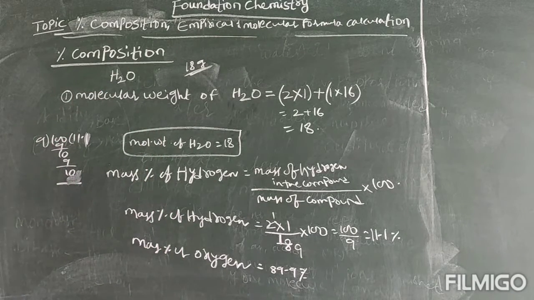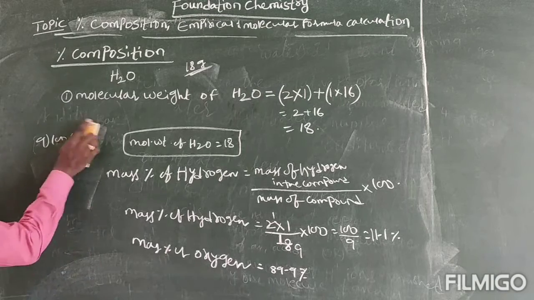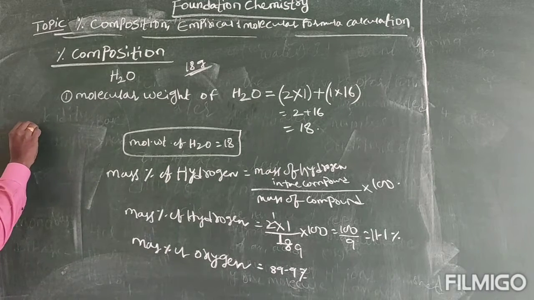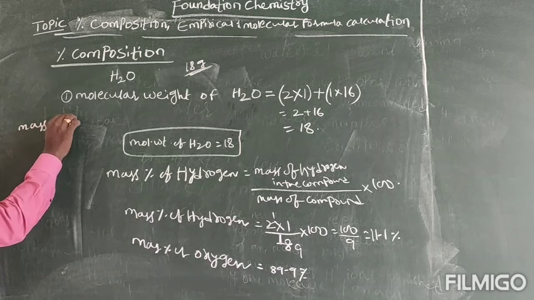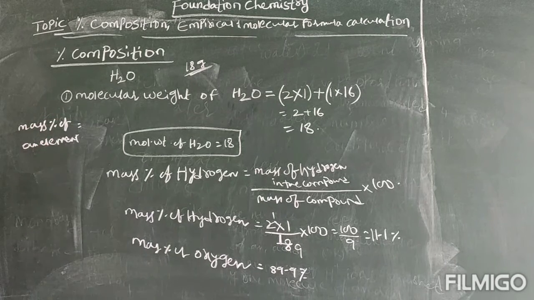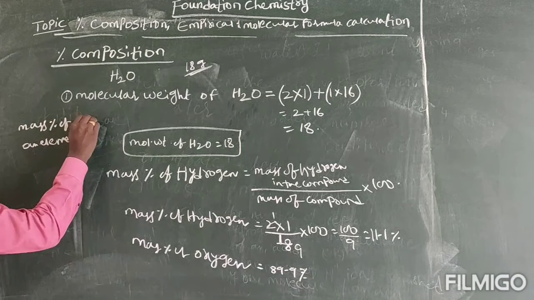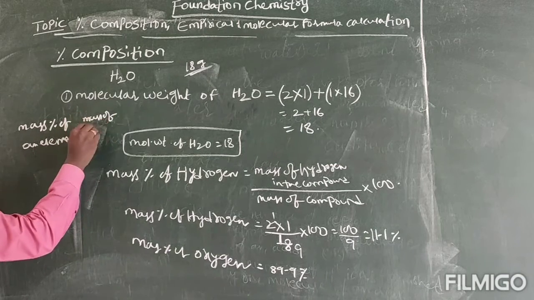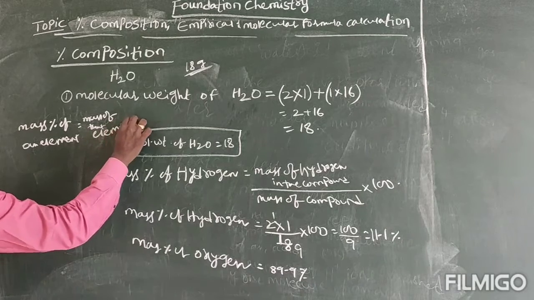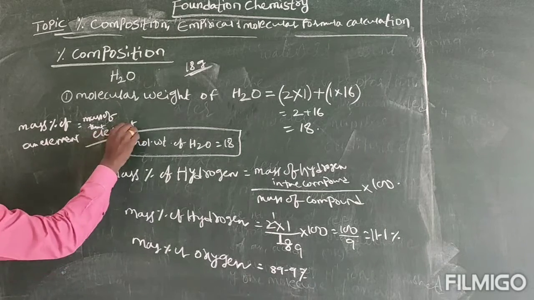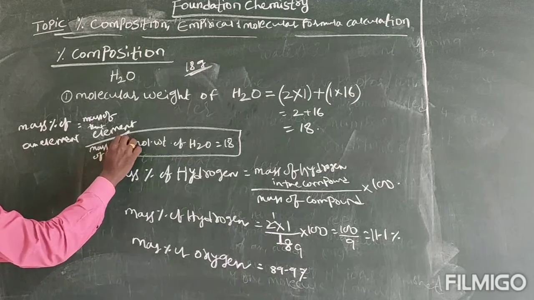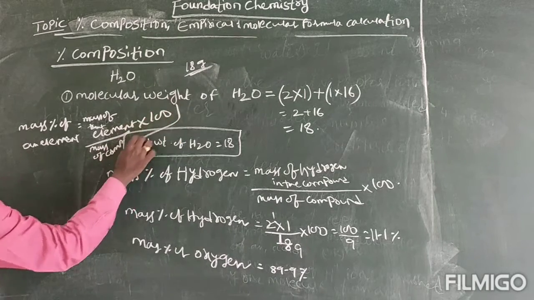So what is the generalized formula for percentage composition? What can I write? The mass percentage of an element is equal to the mass of that element by the mass of the compound into 100.